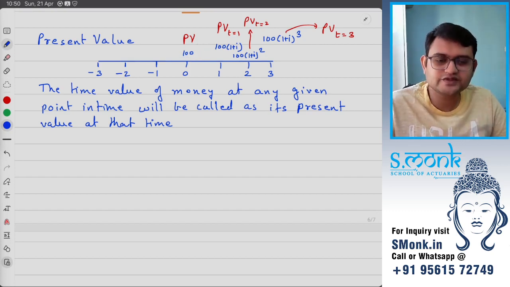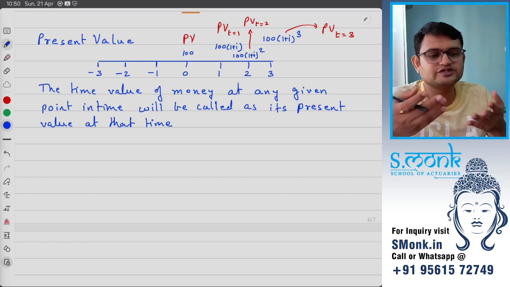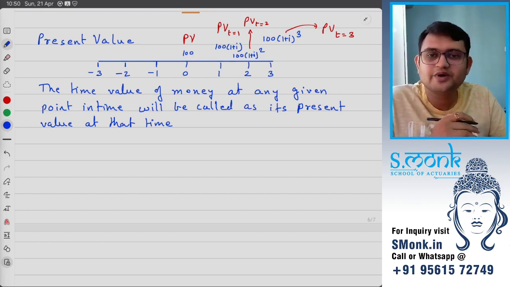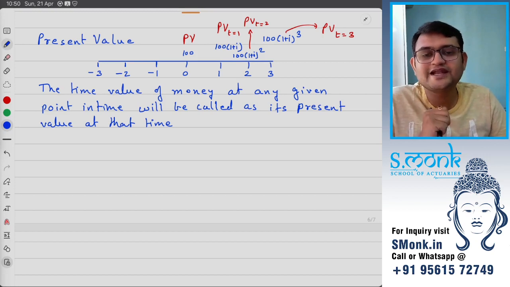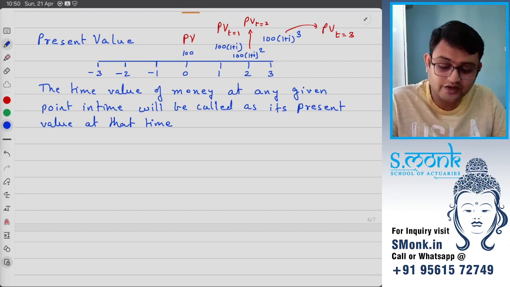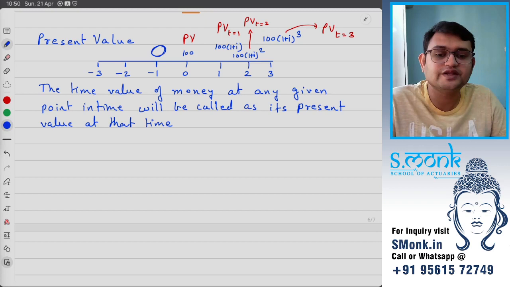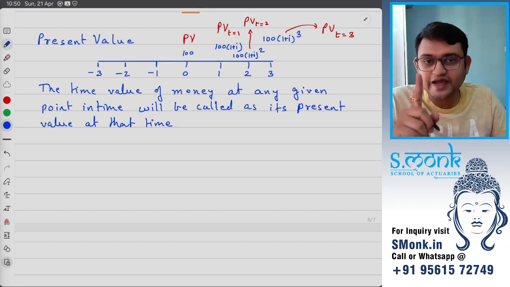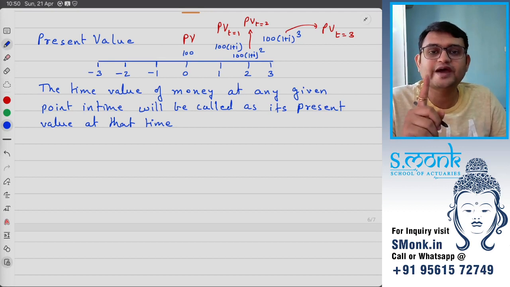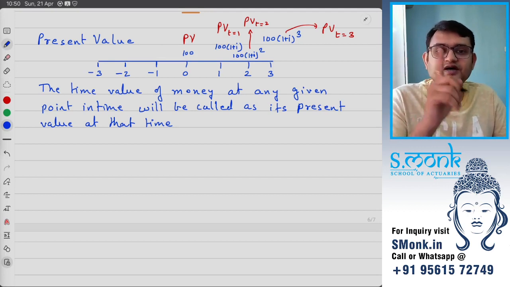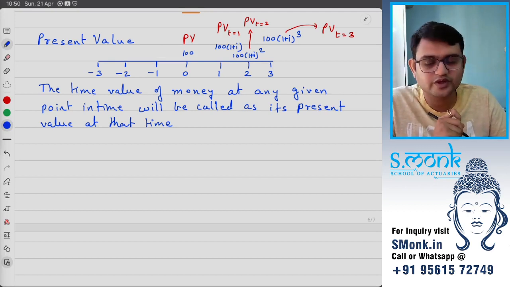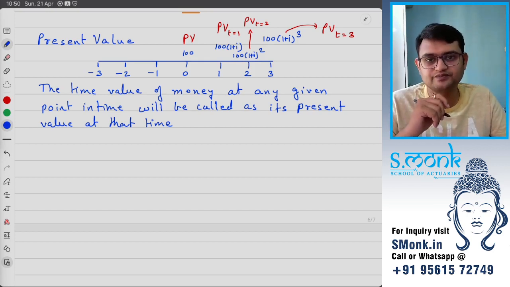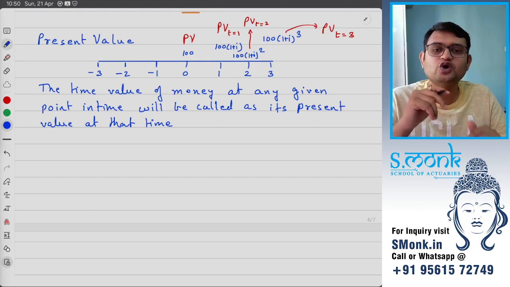Now technically you will say the money was received today, so how would it have a value 1 year ago? But I'll give you 2 reasons for it having a value 1 year ago, and it will actually have a value 1 year ago. Okay. First of all, in finance, we'll always assume that only money is earning us money. We will not be assuming that services are giving you money. Because finally we are talking about value.